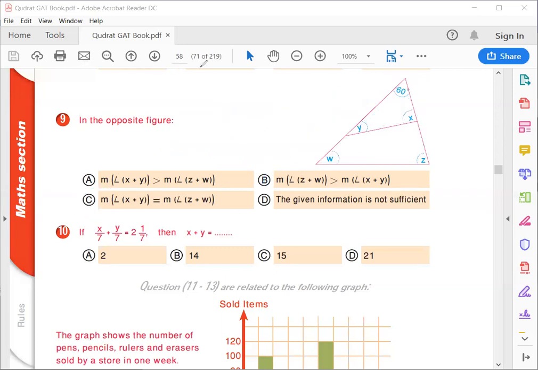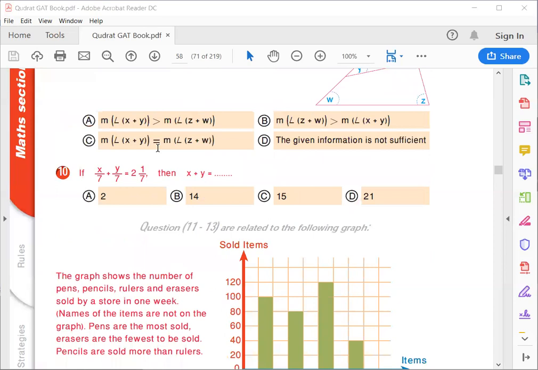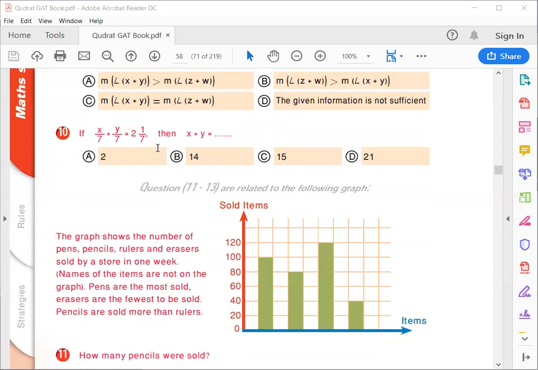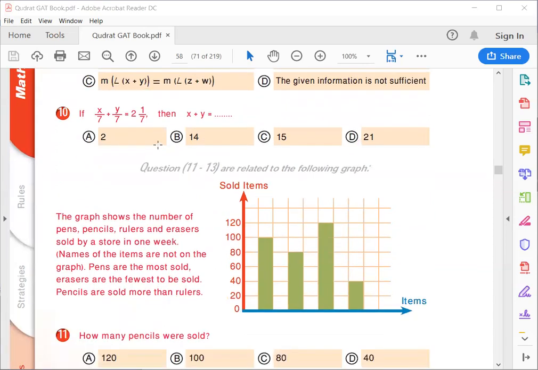Question number 10. If x over 7 plus y over 7 equals 2 and 1 over 7, then find x plus y.